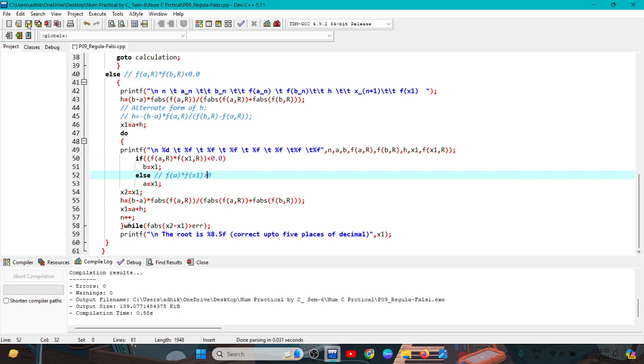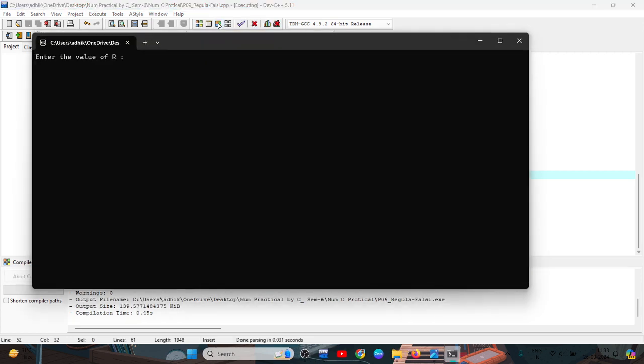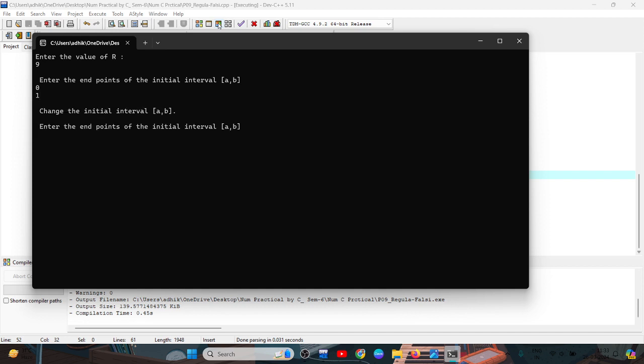Now we save this program, then compile and run it. Enter the value of r. We put r equal to 9, then the initial interval endpoints, say 0 and 1. Here the display shows to change the initial interval [a, b] and re-enter the endpoints.